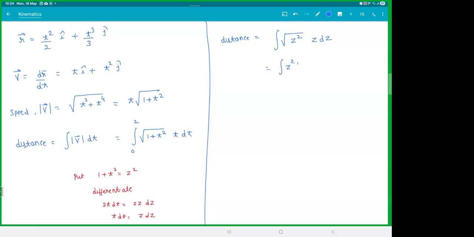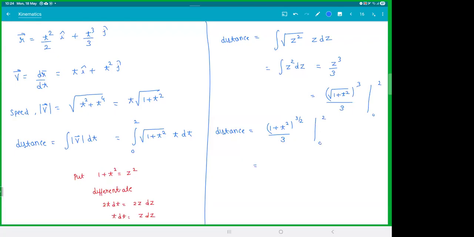That becomes z square dz, which is z cube by 3. But z is nothing but root of 1 plus t square, so z cube is 1 plus t square whole power 3 by 2. So we get 1 plus t square whole power 3 by 2 by 3. Limits will go from 0 to 2.